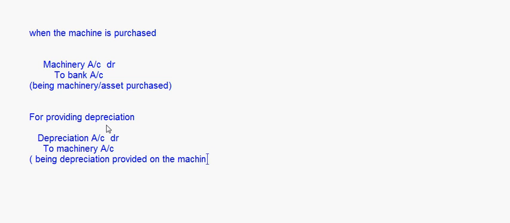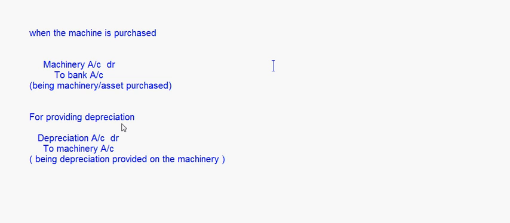Now the second one, for providing depreciation, the journal entry is depreciation account debit to machinery account, being depreciation provided on the machinery.